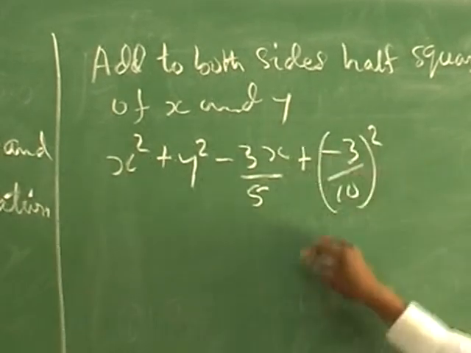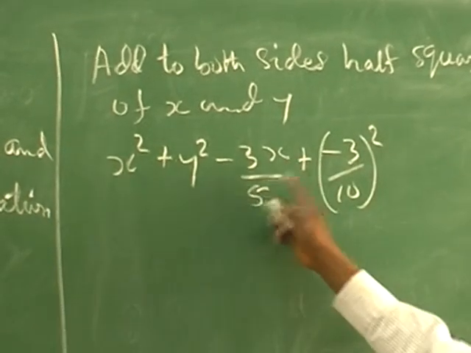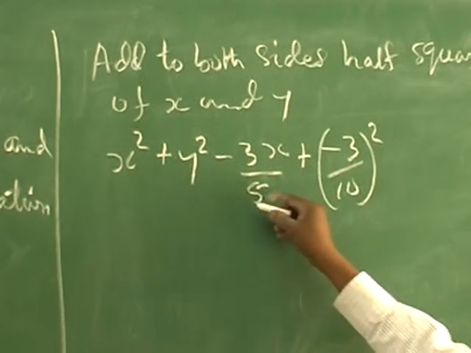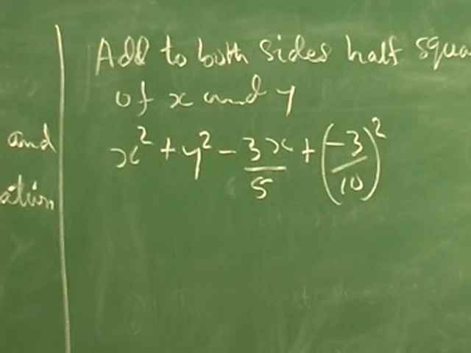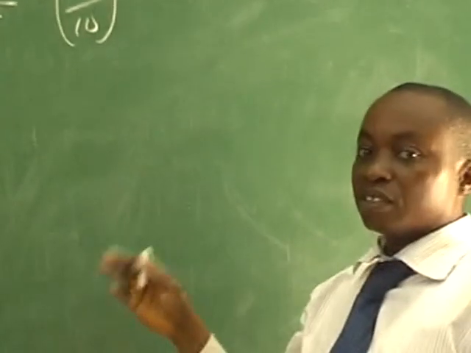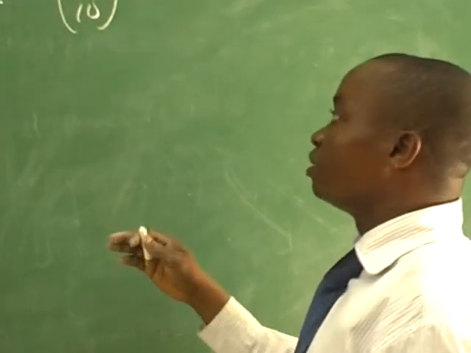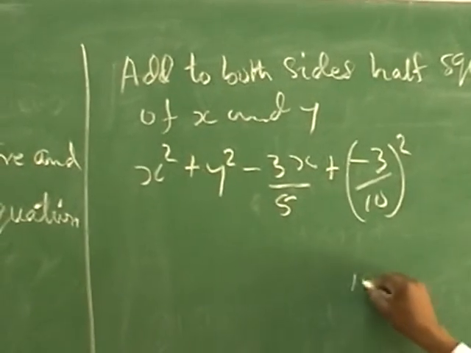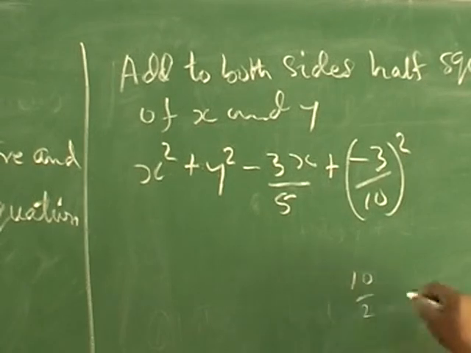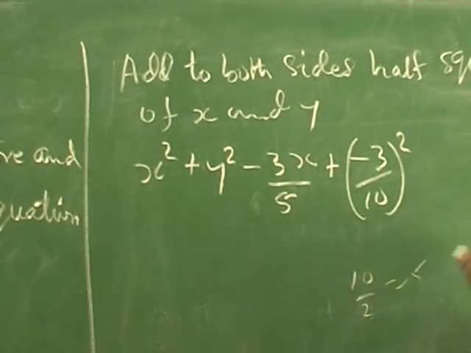Then square. You know how? Because half, if I say half, then I must put 2. That's why I said to watch the package for quadratic equation to find out this very well in details. So half of anything is times 2. If I say half of 10 is 10 divided by 2, which is 5.